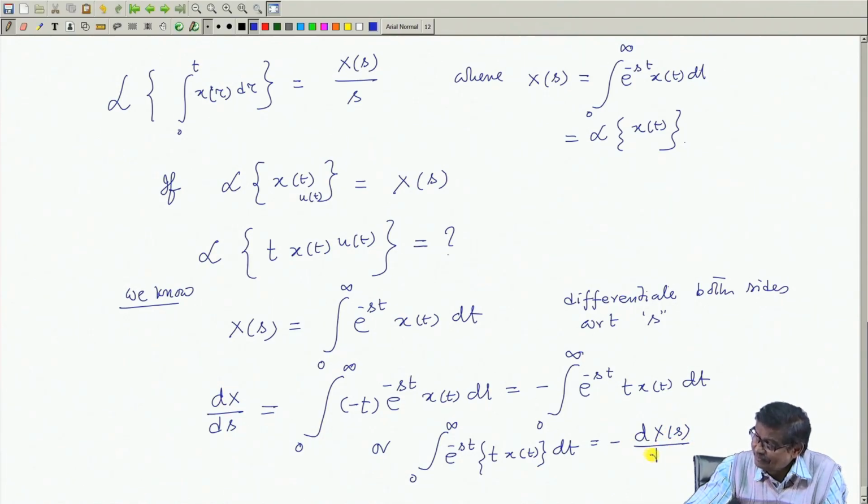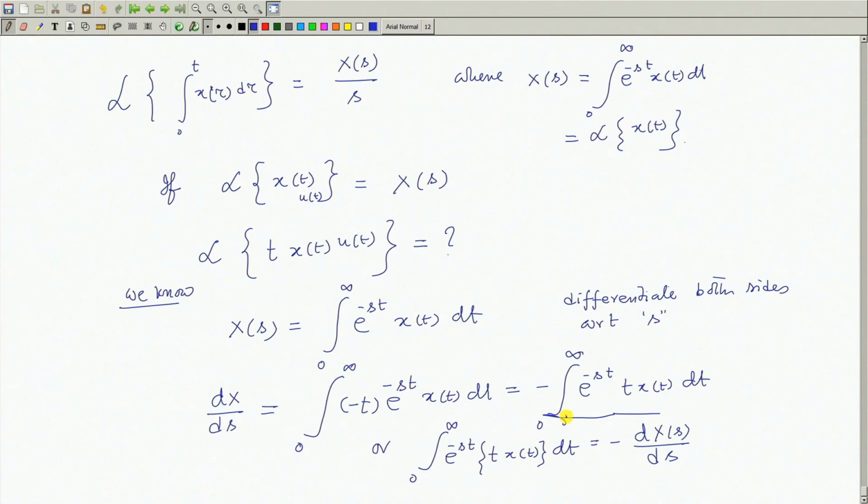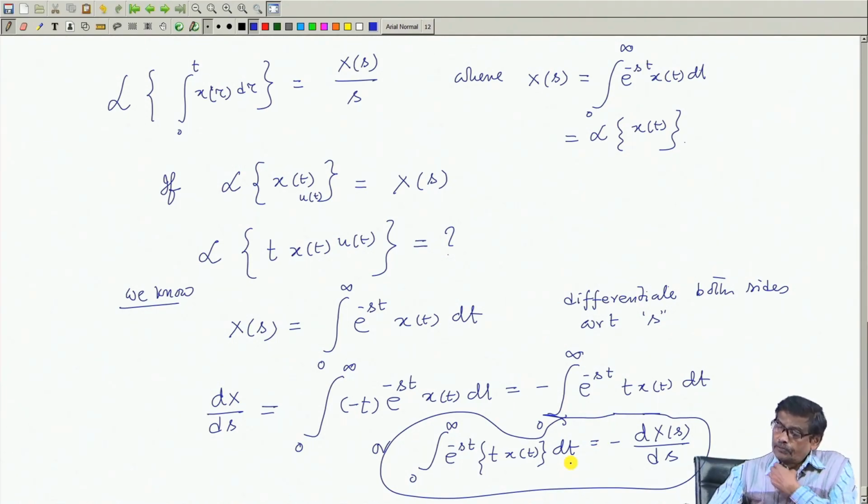Therefore, this is also interesting to note that if you know the Laplace transform of a function x in terms of s, then the Laplace transform of the same function when multiplied by t will be simple differentiation of that function preceded by a minus sign.